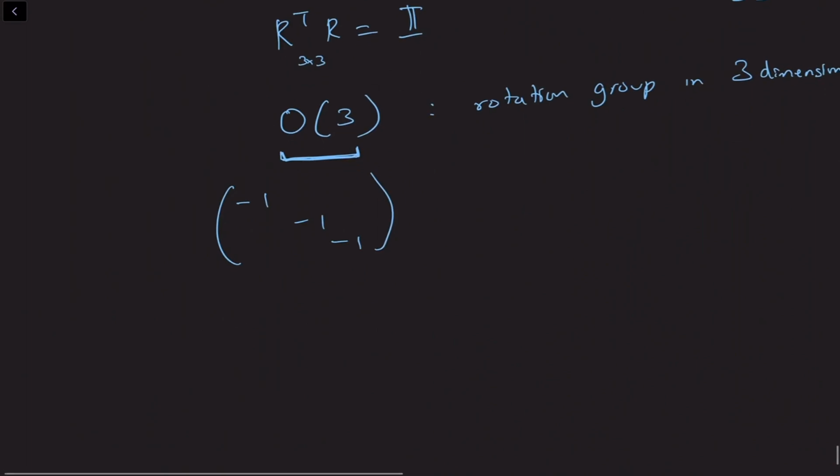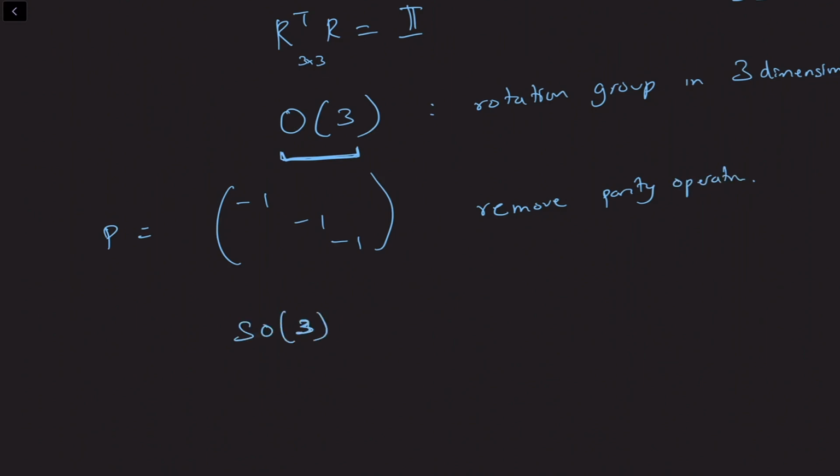This is the 3D parity operation. If I want to remove this parity operation, I would impose an additional restriction that my group is SO3. That is, the determinant of these matrices R is +1 and not -1. So if the determinant of R is +1, this gives me what are called proper rotations.